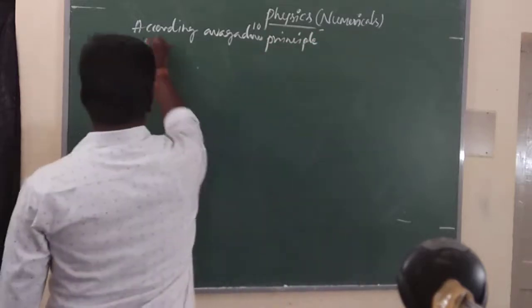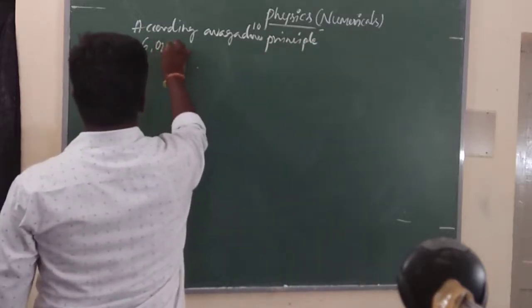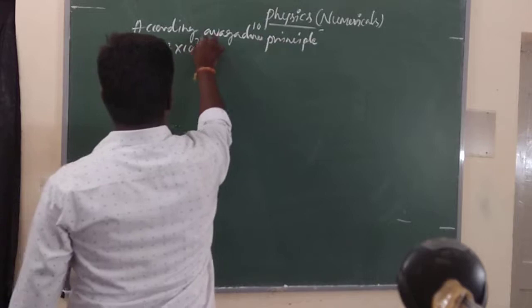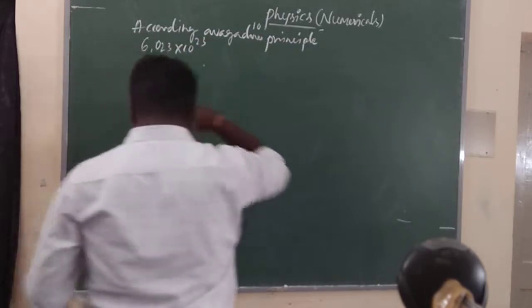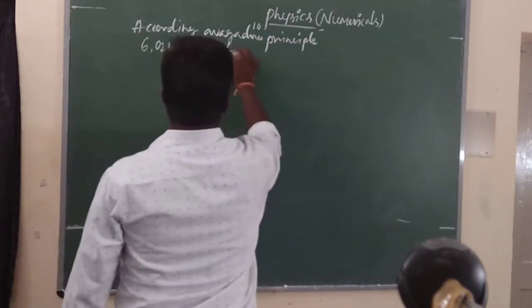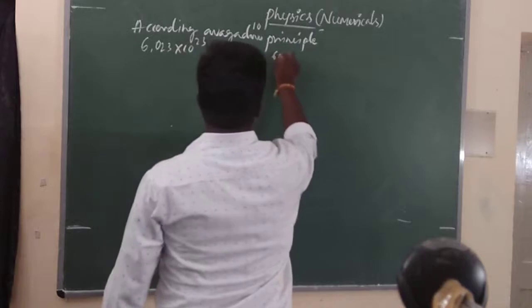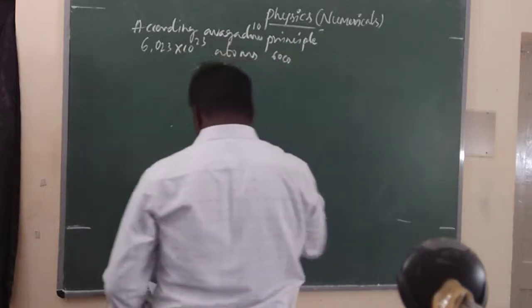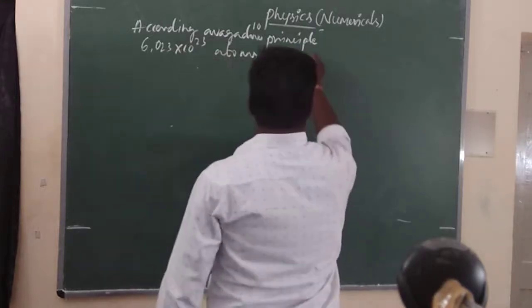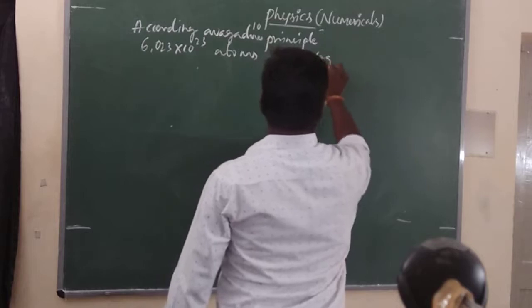That is, 6.023 into 10 to the power of 23 atoms of cobalt are in 60 grams.